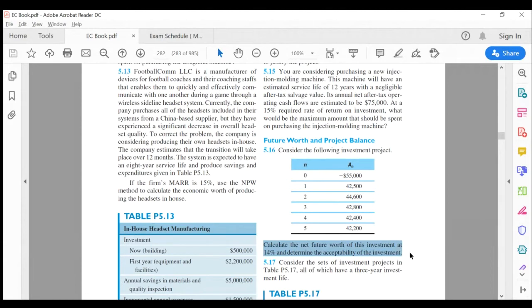Now it is similar to what we have solved before, right? Now instead of calculating a net present value P, here you have to calculate a future worth. That is, what is the future worth of a project.